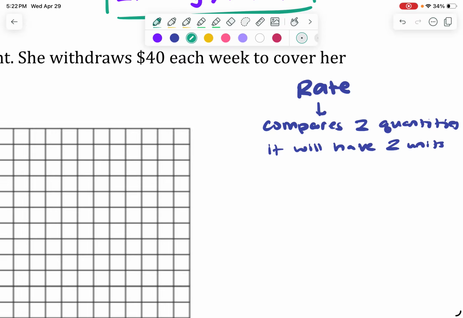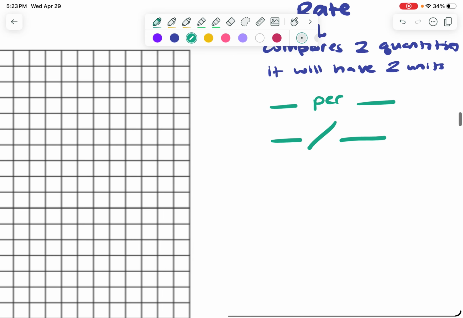Things that we can identify, phrases we can identify to indicate a rate is something per something else. Very, very common. Or something slash something else. Very, very common. Other ways to phrase that is my units for every.